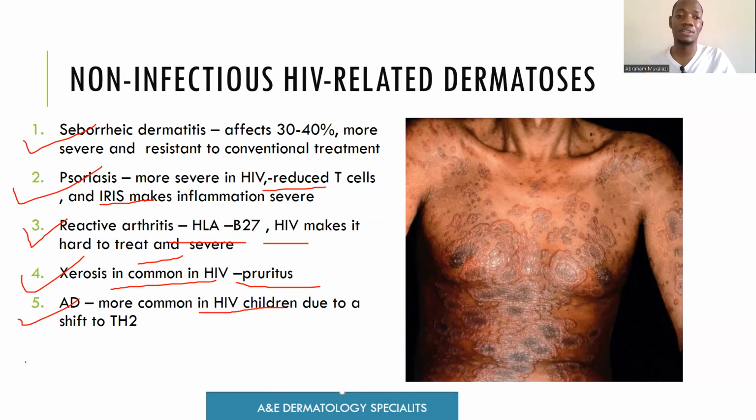This is due to the same shift we talked about, from T helper 1 to T helper 2, because of the HIV. As you can see in this picture, this is a severe form of psoriasis, where you have the typical lesions but the scale isn't that marked, and it is very extensive, almost reaching what we call erythrodermic, where it covers 90% of the surface area.